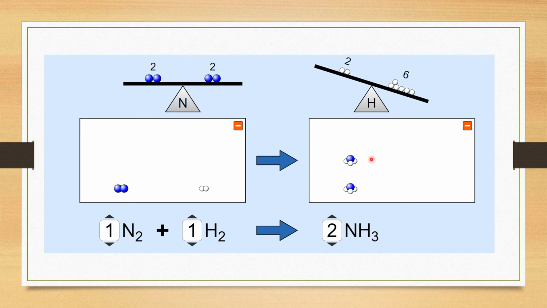We do this by placing the coefficient 2 in front of NH3. Now you can see that the number of N atoms is balanced. But we have 2 hydrogen atoms on the reactant side and 6 hydrogen atoms on the product side.